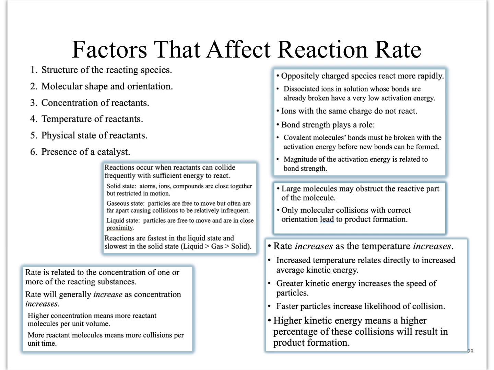Also, they have to have the correct direction to bond to each other in order to break the bond. Another factor is the concentration of the reactant. If you have a higher concentration, meaning you have more reactant bumping into each other, that increases the chance that they will collide with each other with sufficient energy. So that is concentration.